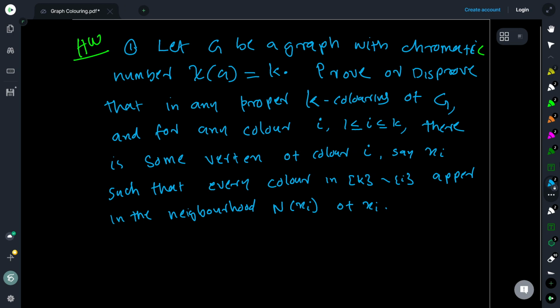And this is true for every single color. So if you take a K chromatic graph and give it a K coloring, I claim that this is the case. If it is true, you prove it. If it is not true, you find a counterexample.